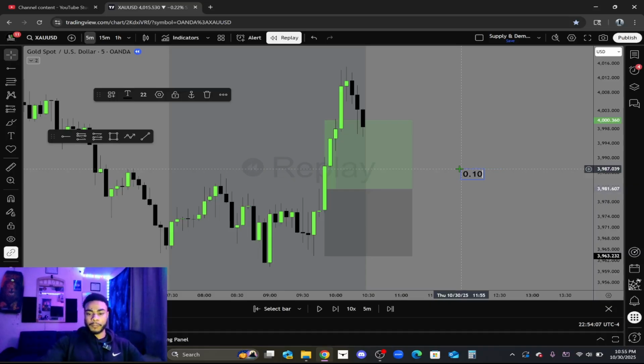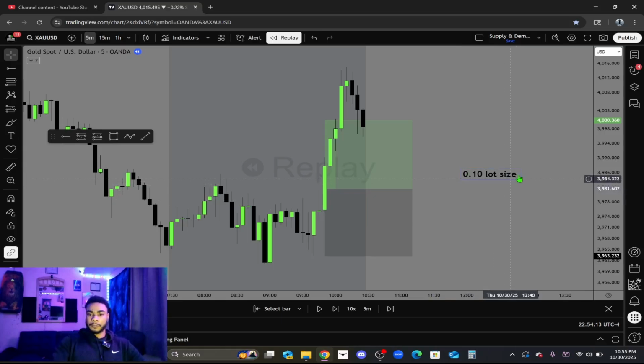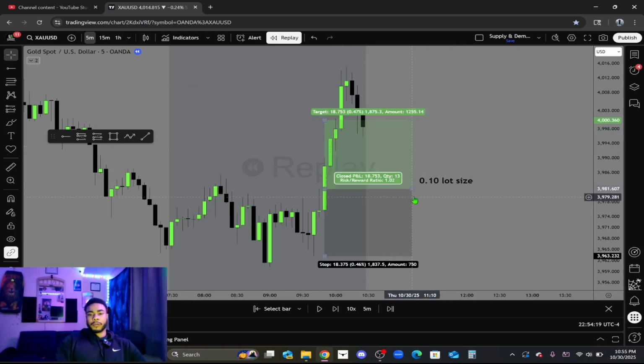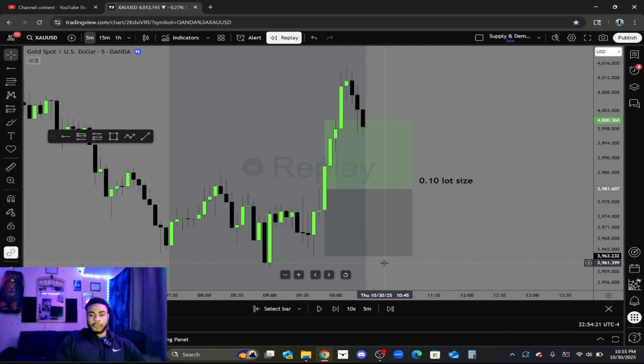Bam, lot size. So this will be the lot size I will need to use in gold in order to be risking $200 with a 183 pip stop loss.